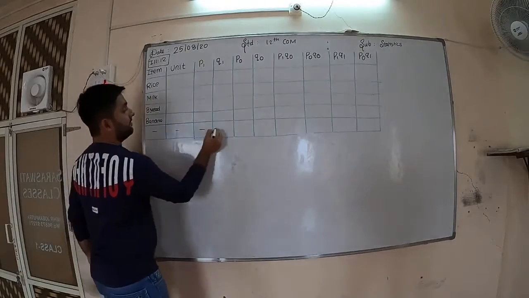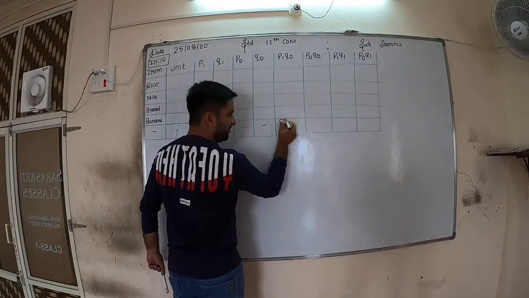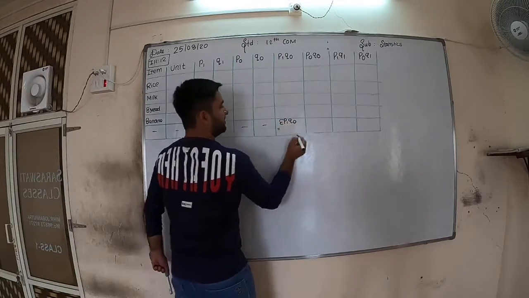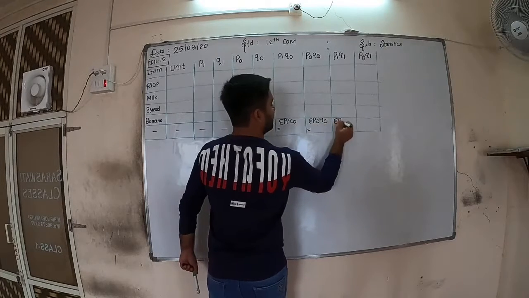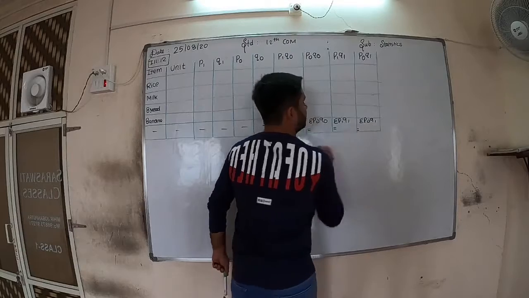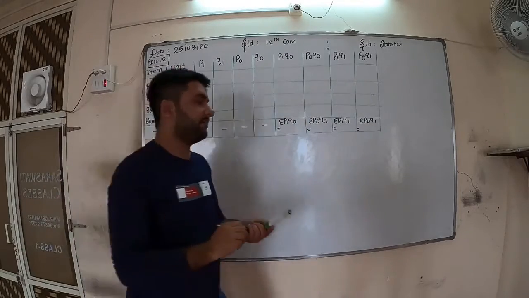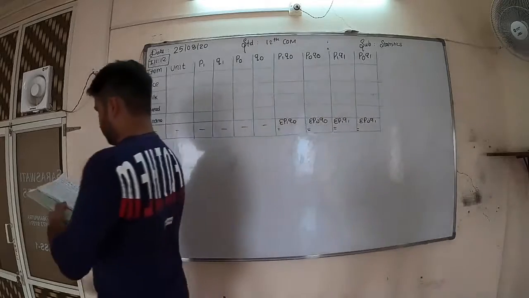And first of all, decide which columns total you will take. Only last four columns, and first you need to write like this: sigma P1 Q0, then sigma P0 Q0, then sigma P1 Q1, then sigma P0 Q1. Clear? Yes. Now I will write the data.